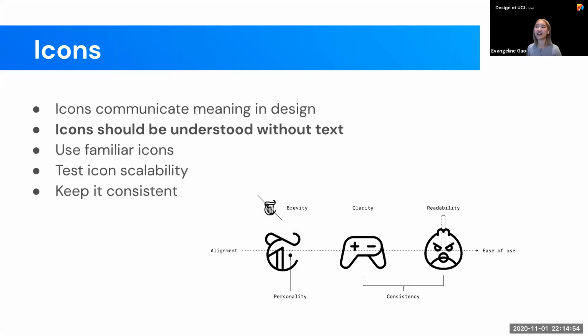Alrighty, moving on to icons. So what are icons? Icons should be ambiguous designs that communicate some sort of meaning in your project. And effective icons should be understood without text. If I show you a printer icon, you'll know what that means before I even put a caption underneath it. That's what denotes an effective icon.